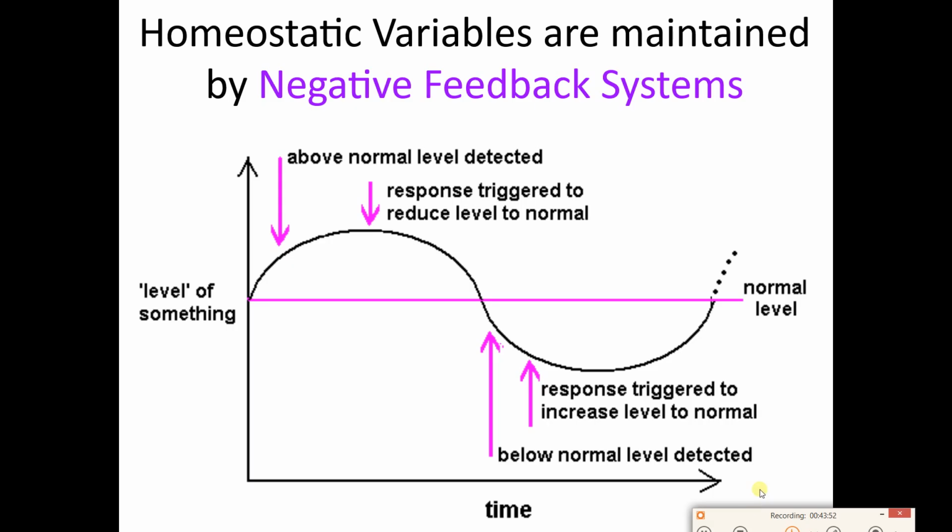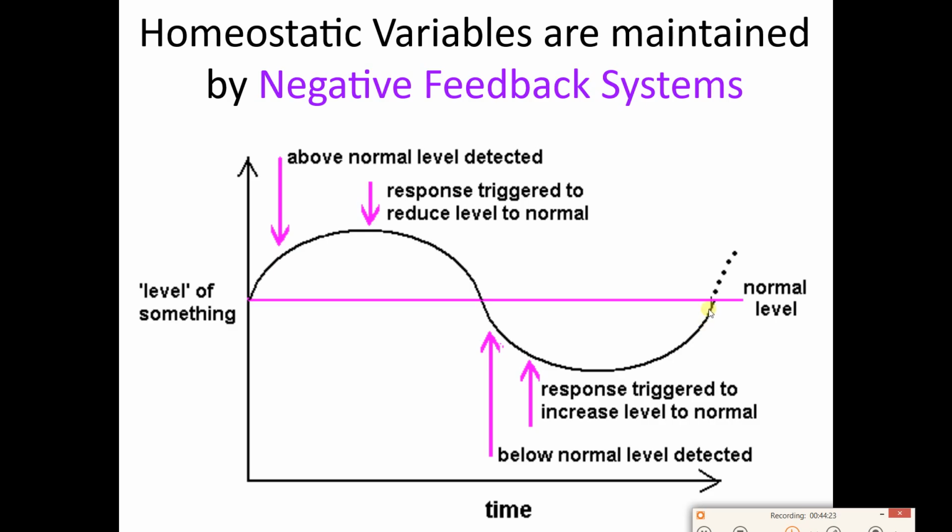Now, things change. But as things change, as something goes up, our body will initiate a response to then bring that level back down. So with this pink being the normal here. Something goes up, our body responds, brings it back down. Something goes down, the body responds, brings it back up.